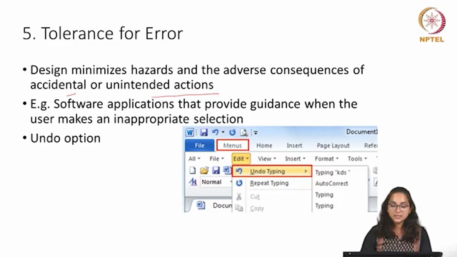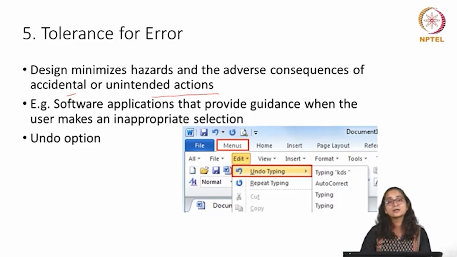So, it is very essential that in our systems or designs, we incorporate undo options, going back to the previous step options, and erase or delete options, because otherwise it is very difficult.